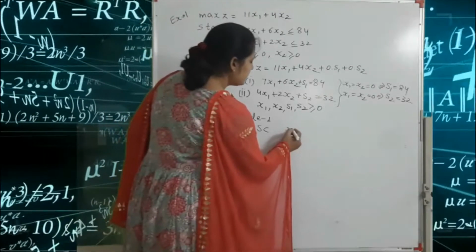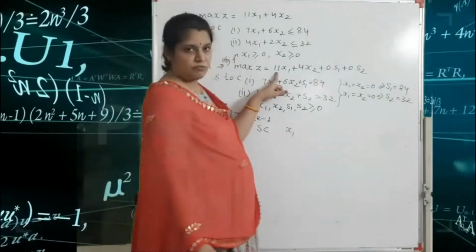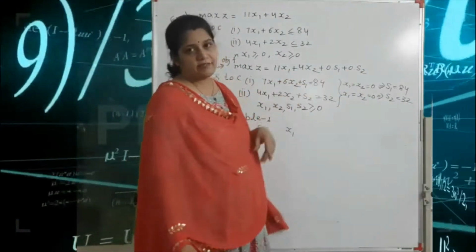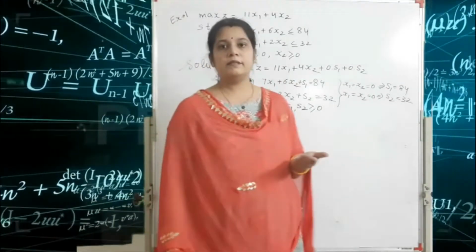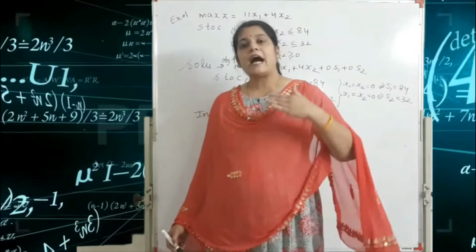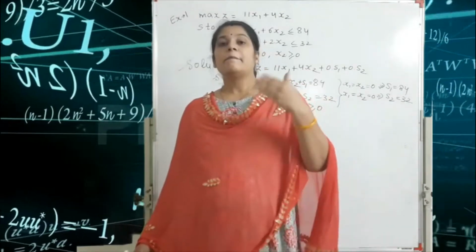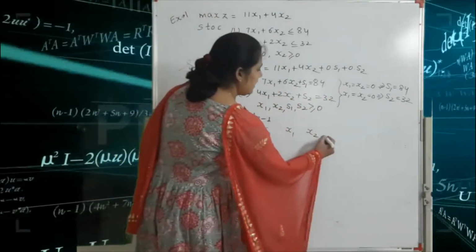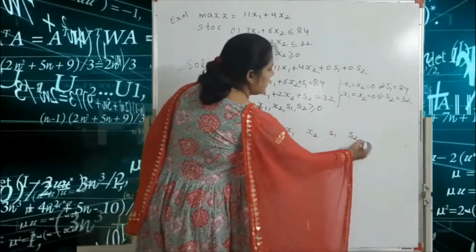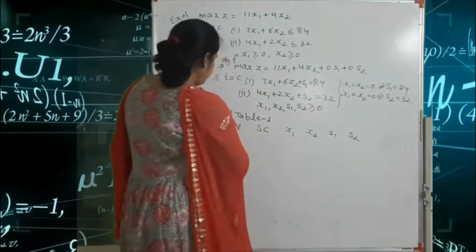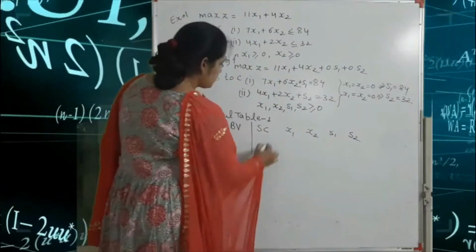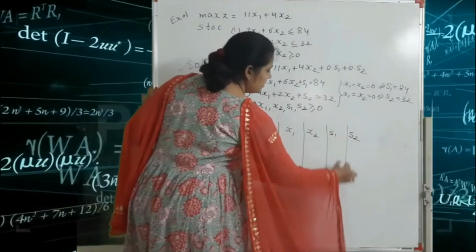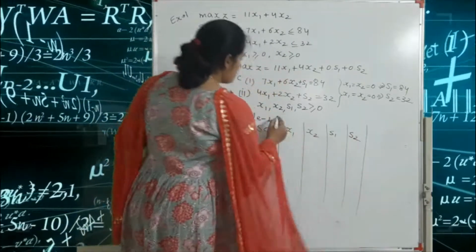According to our objective function, we write the decision variables and the basic variables. The slack variable, surplus variable and artificial variable are our basic variables. So we write x1, x2, s1, s2. Here we draw the lines because we first make the initial table and all the following tables depend on it.